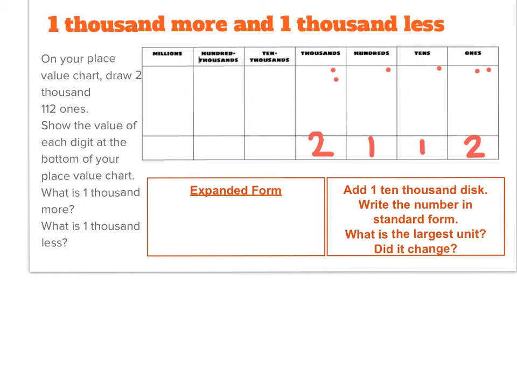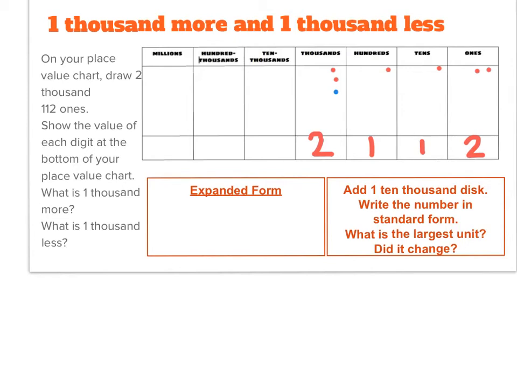What is 1,000 more? Well, to figure that out, I can add one more dot to my thousands place. So 1,000 more than 2,112 would be 3,112. So let's write a sentence that looks like that.